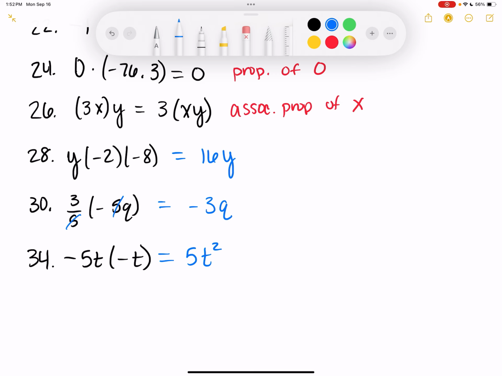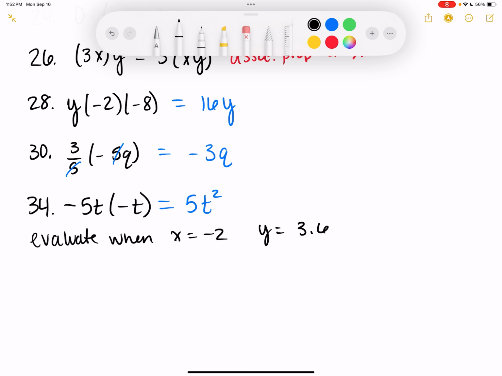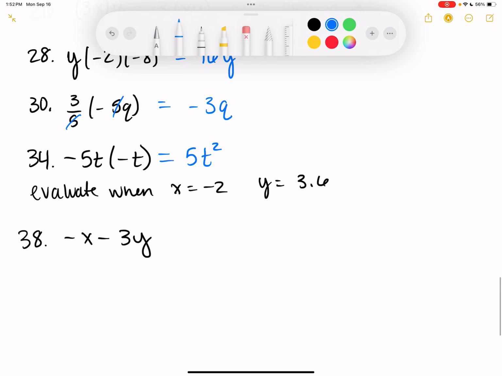Alright, the next one's evaluating the expression. Evaluate the expression when x equals -2 and y equals 3.6. So 38: -x minus 3y. So you write down the problem. Then you show what you're plugging in. So this is negative times -2 minus 3 times 3.6.